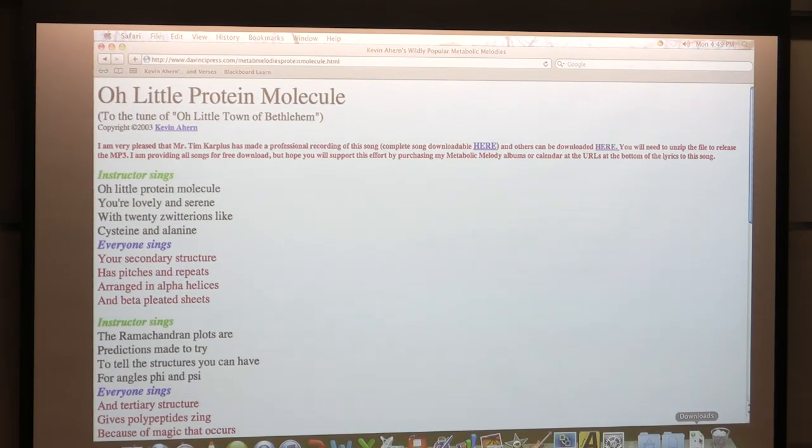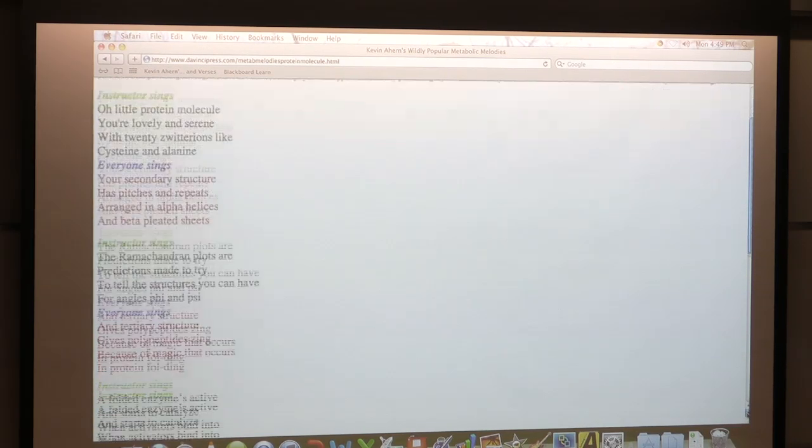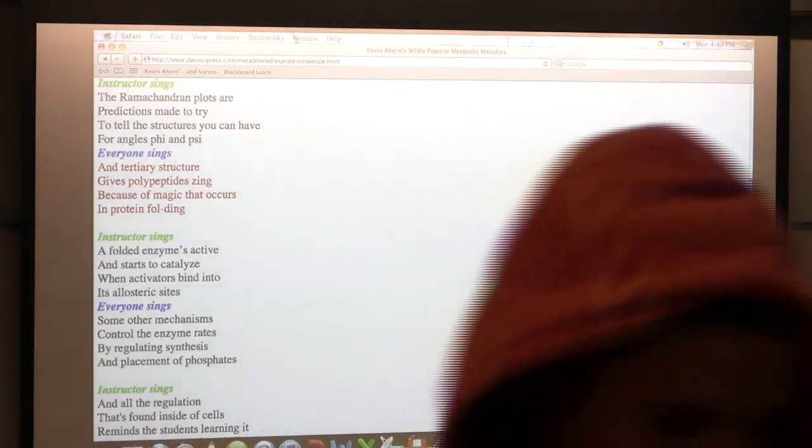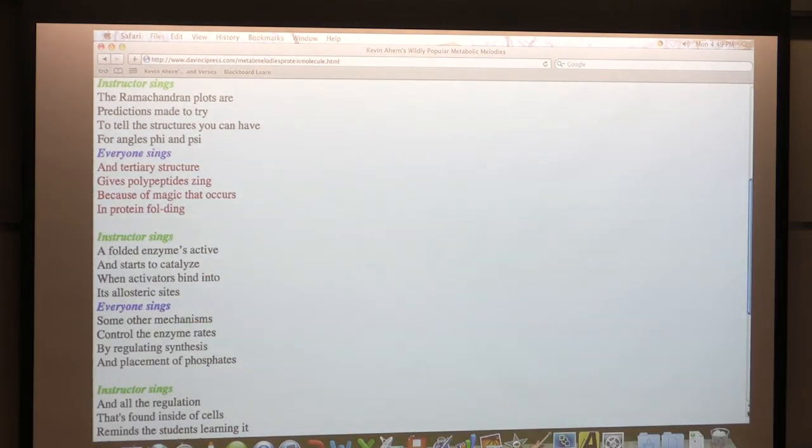And tertiary structure gives polypeptide zing, because of magic that occurs in protein folding. A folded enzyme's active and starts to catalyze when activators bind into its allosteric sites. We'll talk about that too.